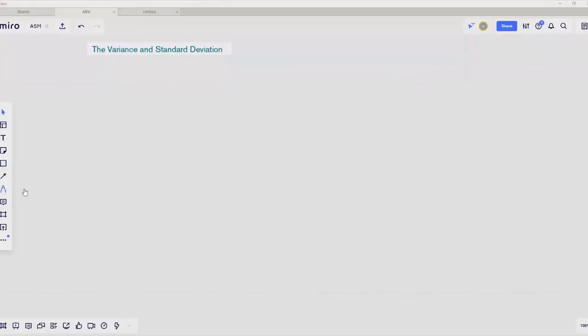And finally, the ultimate and most popular measures of spread. These are the variance and standard deviation. One approach to measure the variability in our data would be to measure the deviation of our sampling points from their mean. Let's assume that we have the following data set.